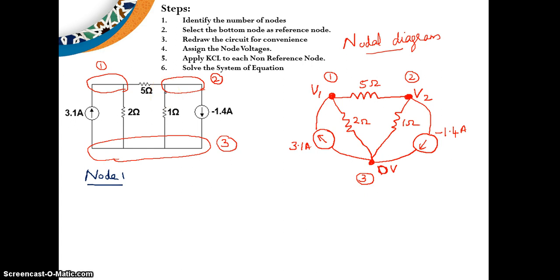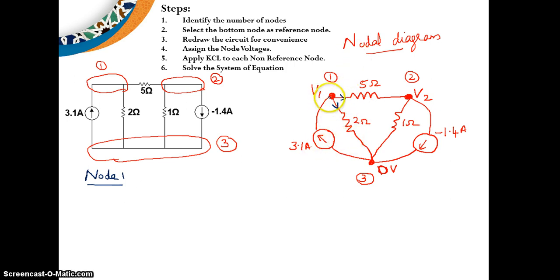When we apply KCL to node 1, you have to assume that all the currents are leaving from this node. Through this resistor the current is leaving, and through this one also. For the current source, you take the given direction. Leaving I take as positive, entering as negative.